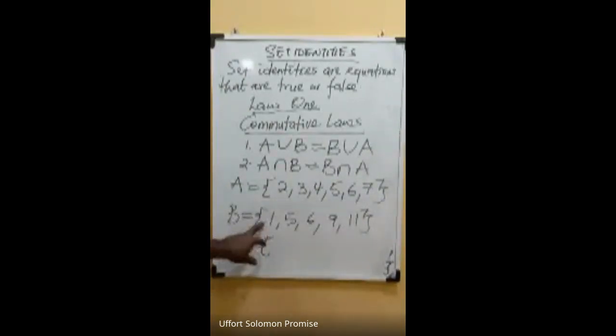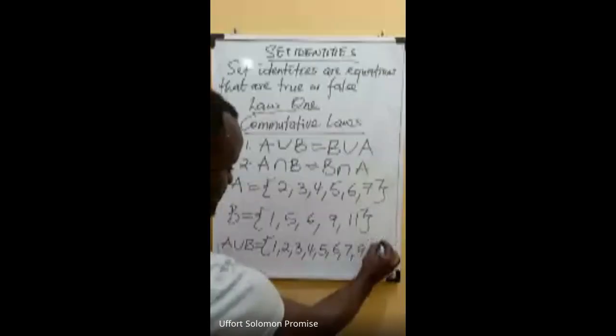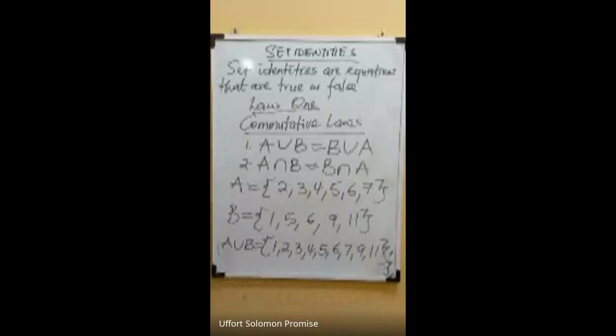Set B is 1, 5, 6, 9, 11. The union is 1, 2, 3, 4, 5, 6, 7, 9, and 11. Awesome, very good.